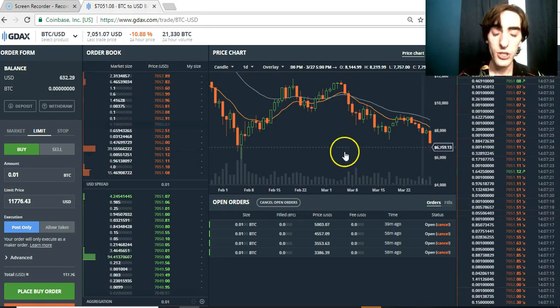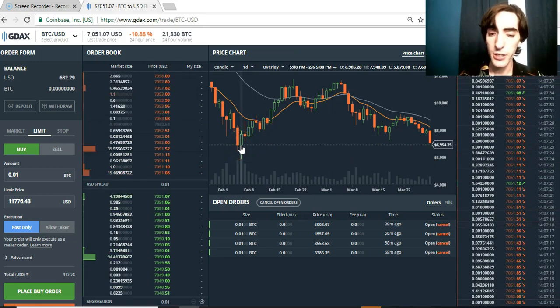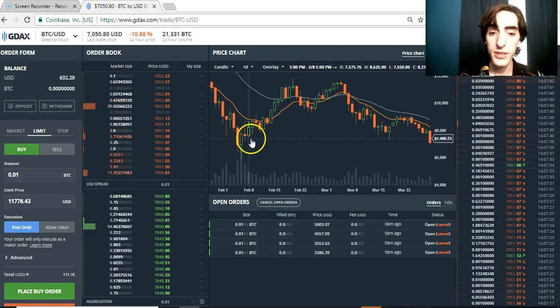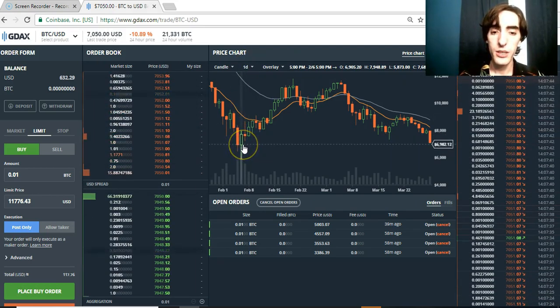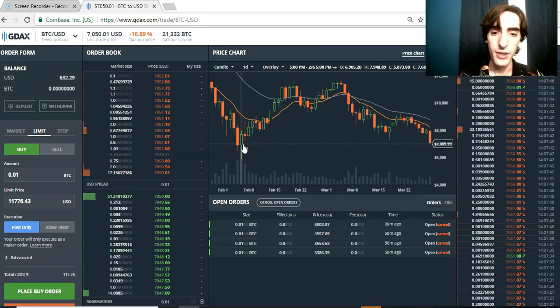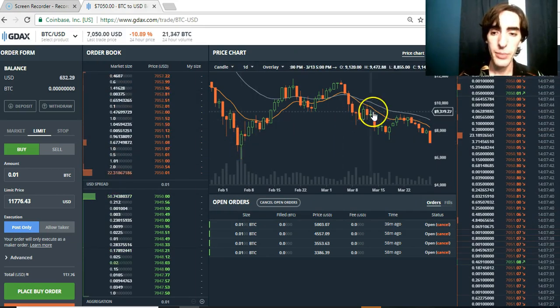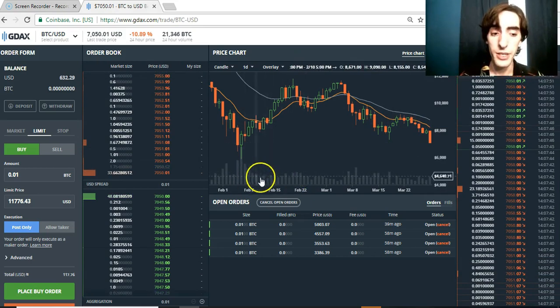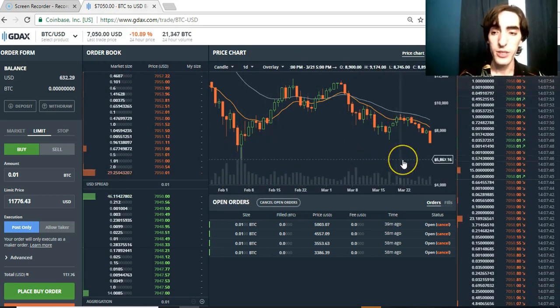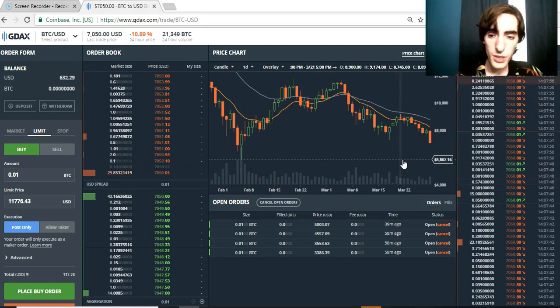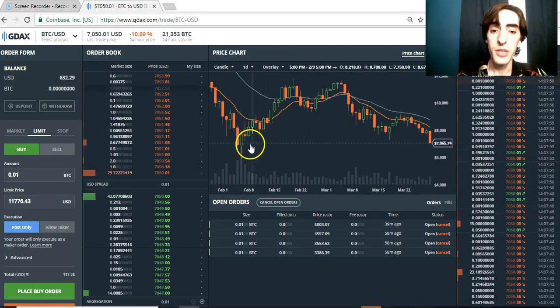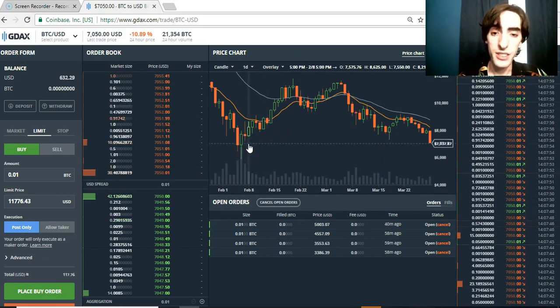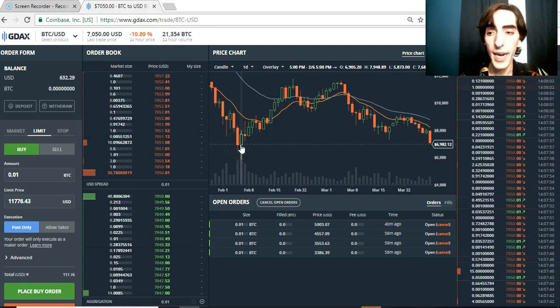So it's not a bad idea to buy right here, really, overall. Now, I would not, but in history, it might bounce back up and start going back up. I'm expecting it to drop down here and hit a new low, but I'm just saying that if you see support lines, it's not a bad idea to buy on the support line.